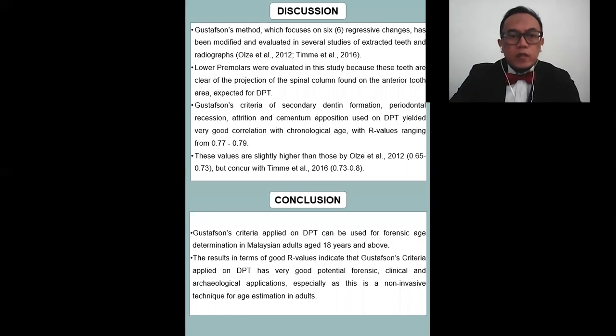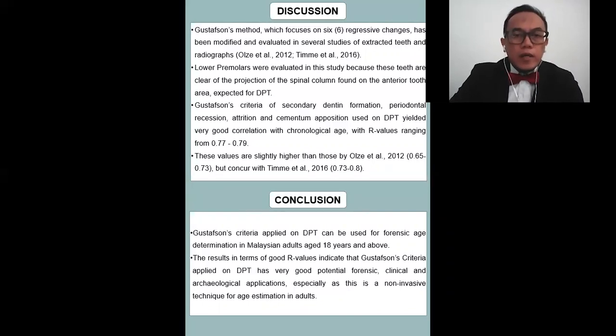So, discussion. The Gustafson method, which focuses on 6 regressive changes, has been modified and evaluated in several studies of extracted teeth and radiographs. I use lower premolars in this study because these teeth are clear of the projection of the spinal column found in the anterior tooth area on a dental panoramic tomograph or DPT.